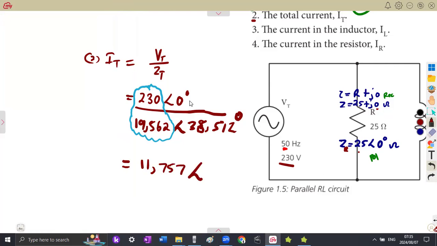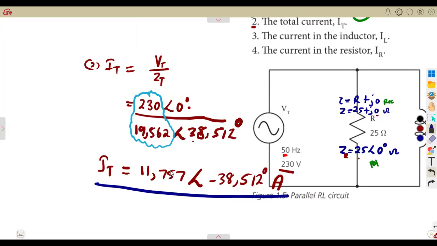Then for the angles, definitely you're going to subtract. So that's 0 minus 38,512 degrees. So this is the current. Remember that our current is measured in amps. So we are going to have our current in amps.